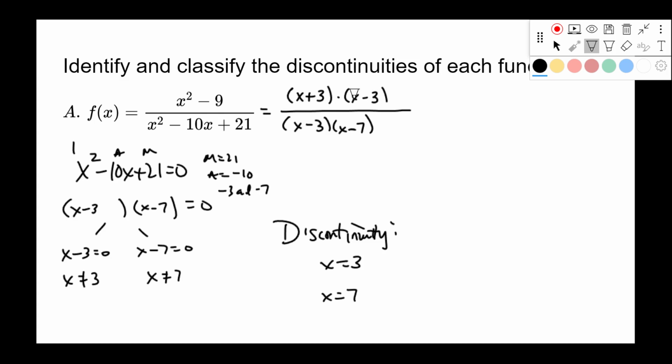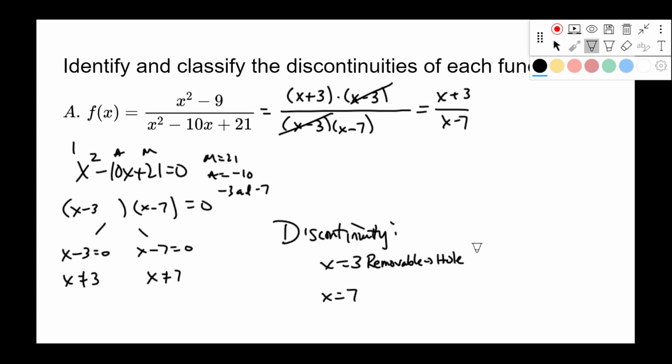Now I'm looking to remove any of the factors in the denominator that gave me a discontinuity. And sure enough, these x minus 3's can be knocked out. So now I know that x equals 3 is a removable discontinuity, which means it's a hole. My function now says x plus 3 over x minus 7.